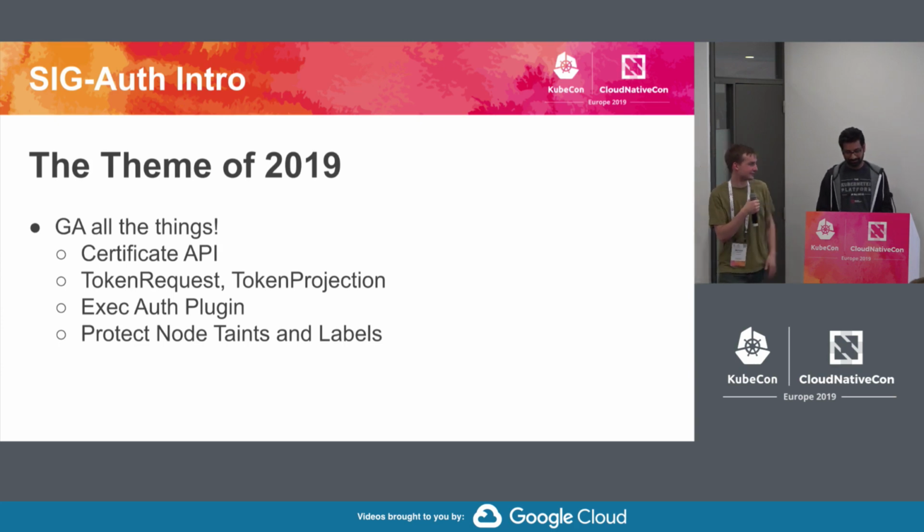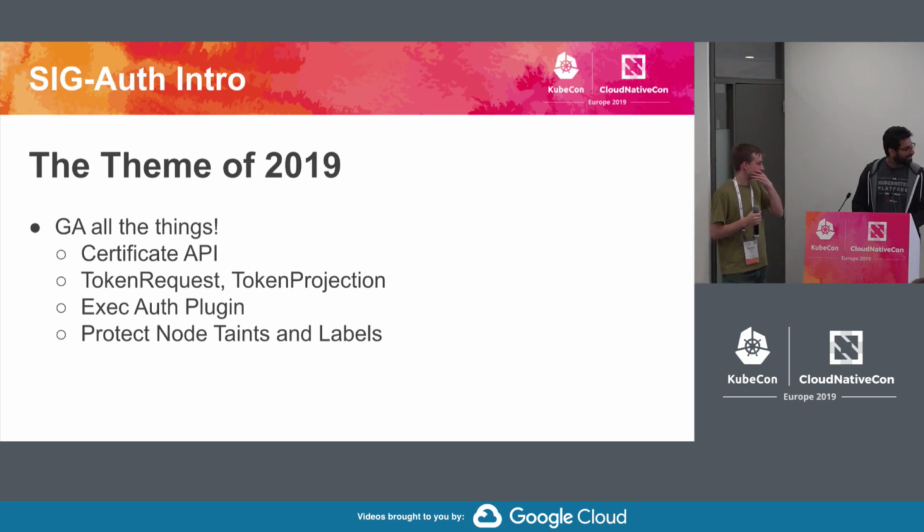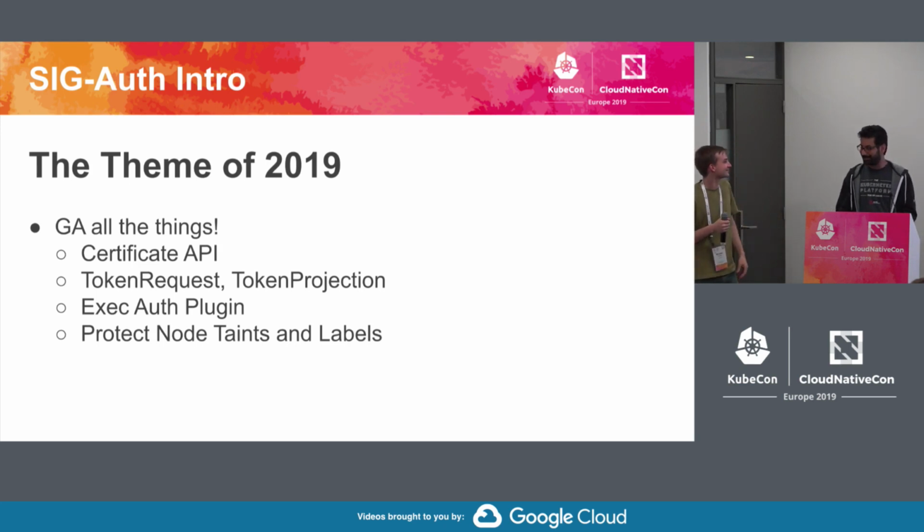If we keep adding features, then none of them will ever go to GA. So that's our theme: stability and getting things to GA for 2019. I don't know if an API is really beta if everyone uses it in every production cluster. So just doing the final push.